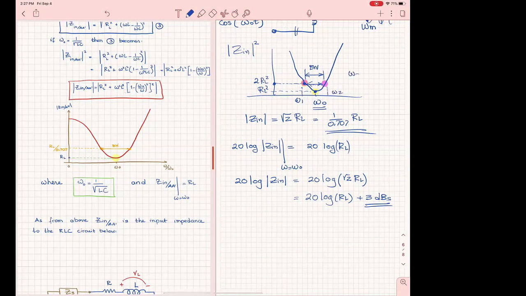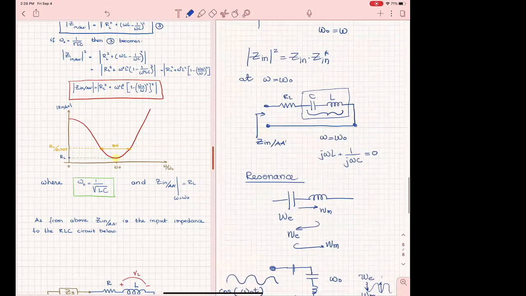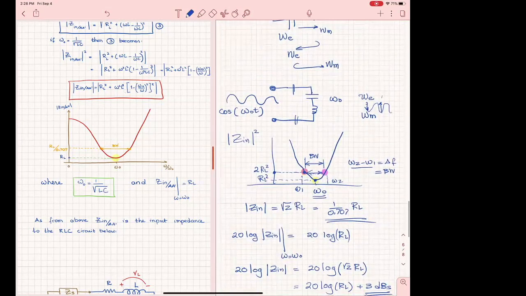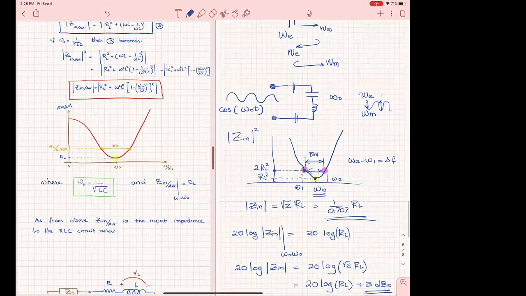And omega 2 minus omega 1 is delta F, which is the bandwidth. All right, and usually we measure it in percentage. So the bandwidth is going to be, to be better in the definition, delta F over F naught.